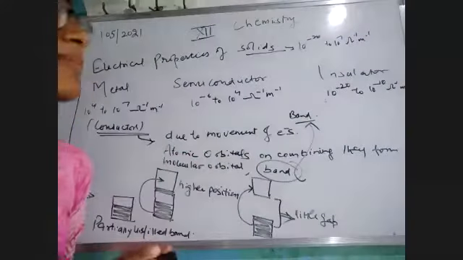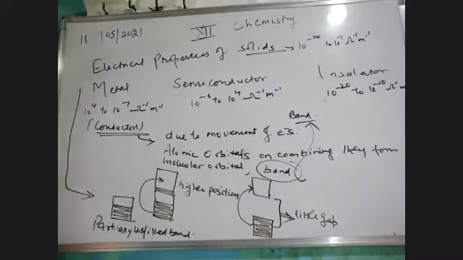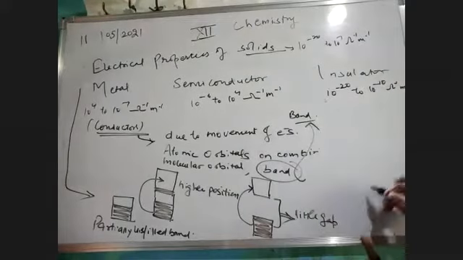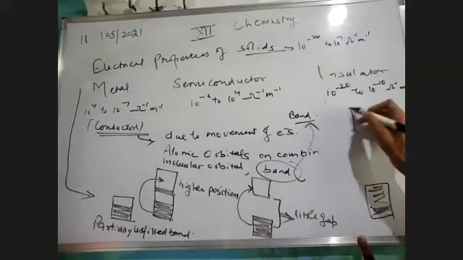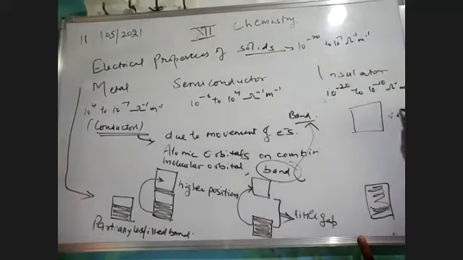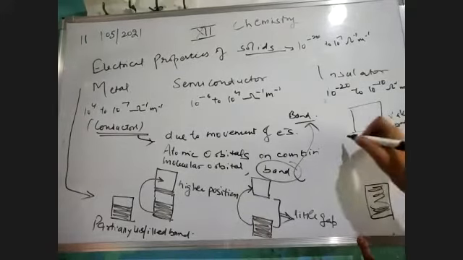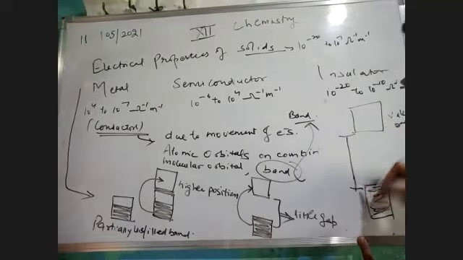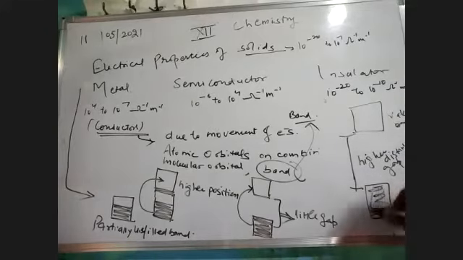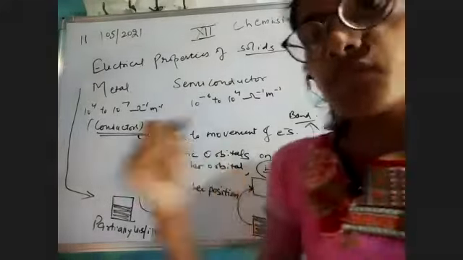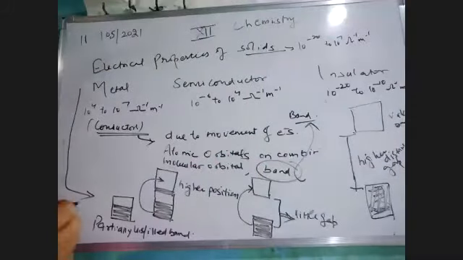Now, if I'm talking about insulators, the best thing about insulators is the filled band, which is completely filled, and the valence band that is completely unoccupied. These have so much higher distance, or we can say higher gap, that electrons cannot jump from one position to another. Let me repeat it again.